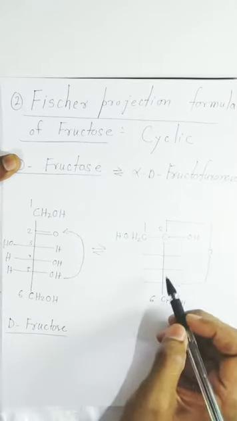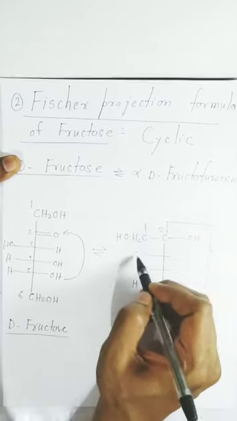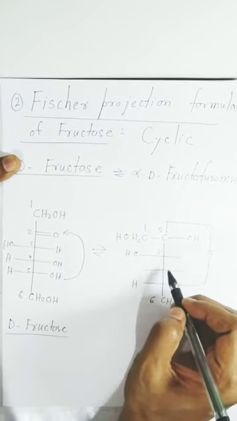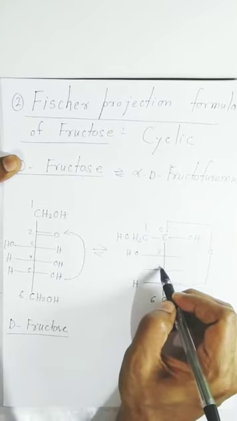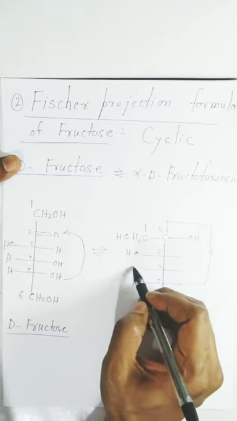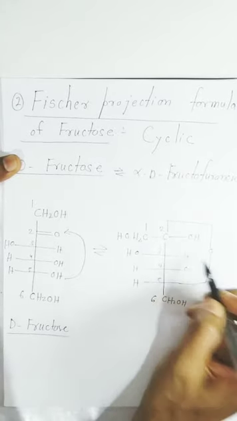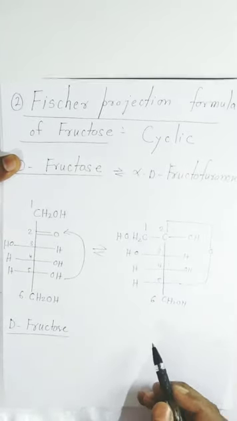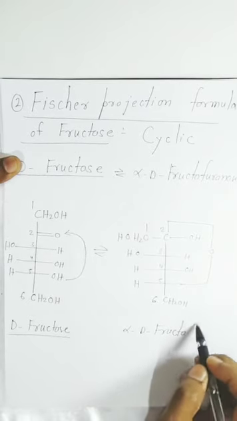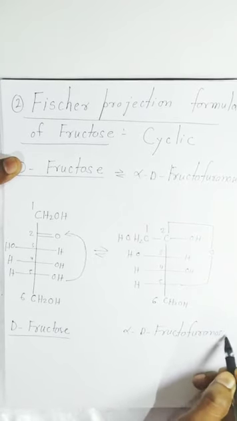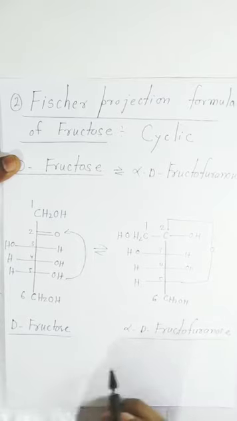This is the hemiacetal. Understood? Now the third carbon OH will always be on the left hand side, then the fourth carbon, fifth carbon. So this is the cyclic structure of fructose. This is called alpha D-fructofuranose because it forms the furan ring.